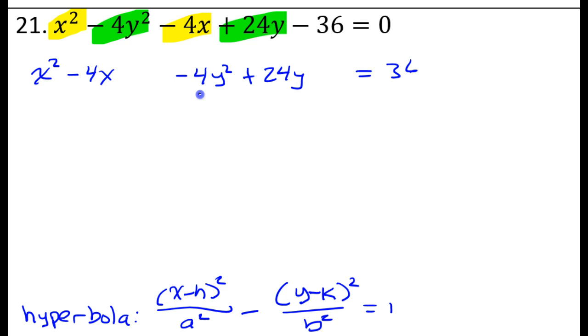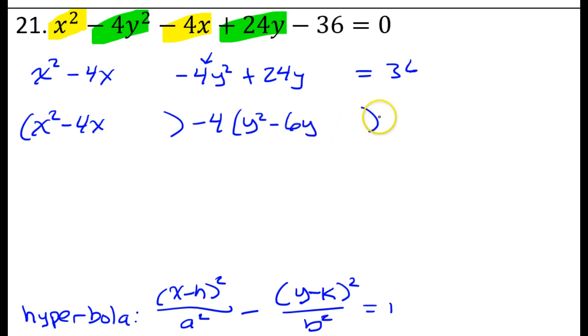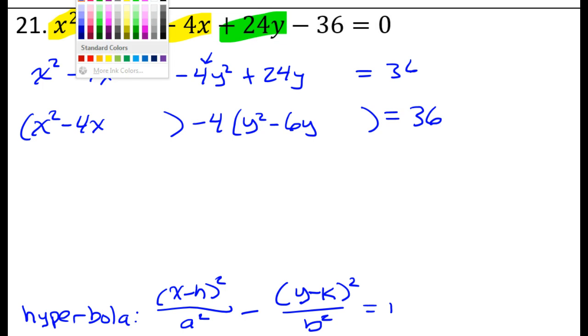So x squared minus 4x, I'm going to leave space to complete the square. This negative 4 has to be brought outside of parentheses before I do half the middle squared. So I will have y squared. I'm dividing by negative 4, so I'm going to get negative 6y, leave space to complete the square, is equal to 36. Now I can complete the square.